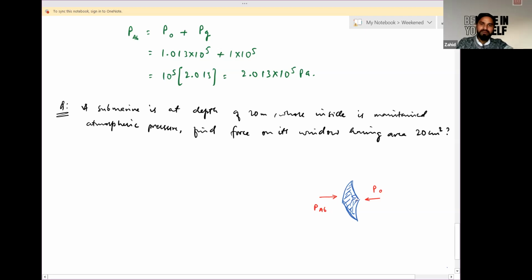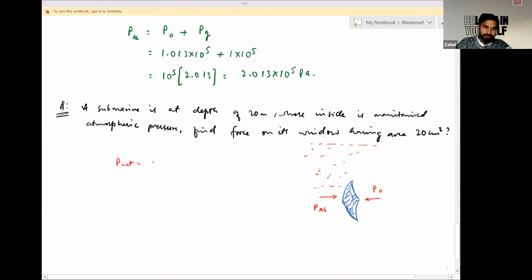So in this part, we have to apply that particular pressure on its window. So it must be along horizontal direction. It is at depth of 20 meter from the surface of water. So just calculate P absolute and subtract it from atmospheric pressure. So you'll get net pressure.